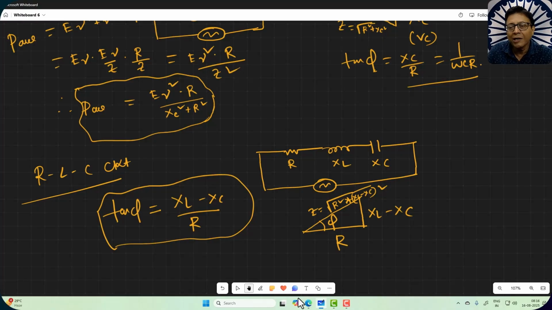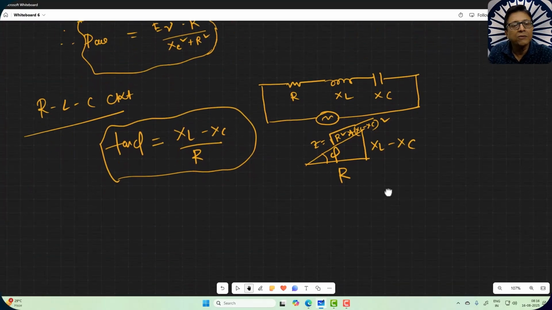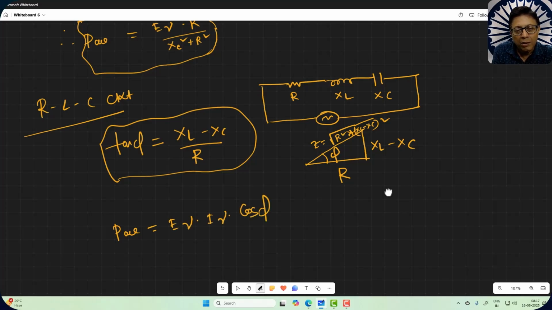So if you find the average power for an RLC circuit, then it will be E nu by Z cos phi. What's the value of cos phi?